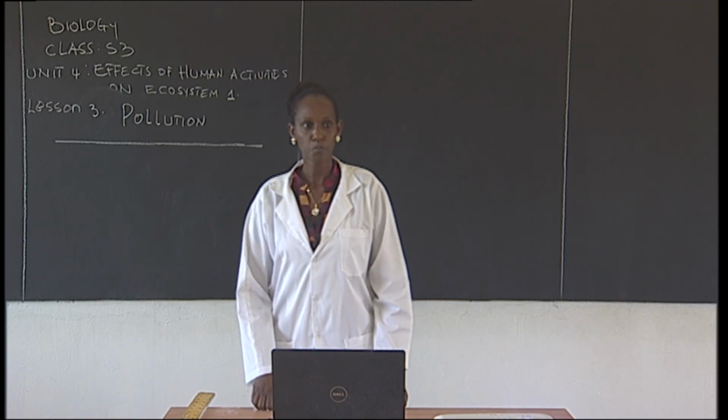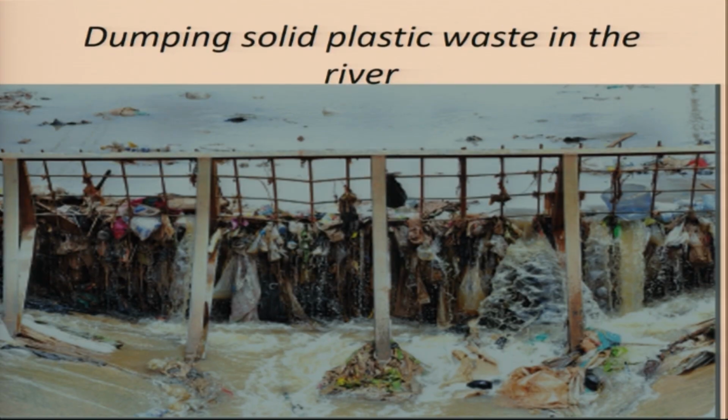Good. Now, look on the screen there, how we can contaminate the water. As we are looking at the effect of human activities, that is none but the human. That one is a river.